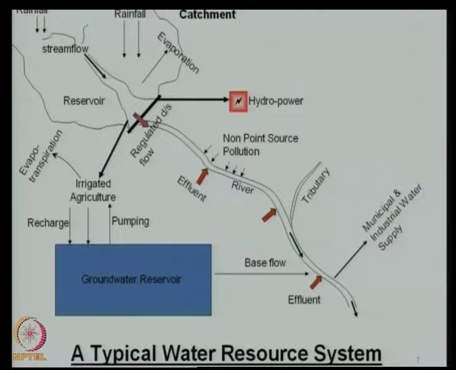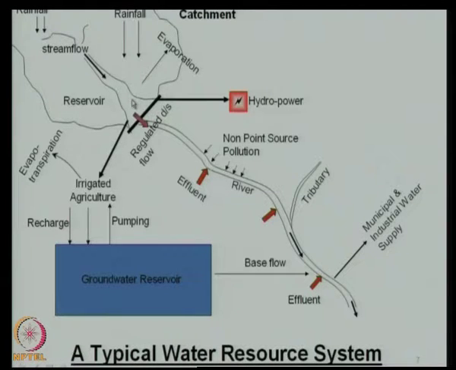So, let us start with the type of system that we will be talking about. A typical water resource system will look something like this. You have a reservoir here. By a reservoir, I mean you have a dam and the dam builds up the water behind it, and that constitutes a reservoir.